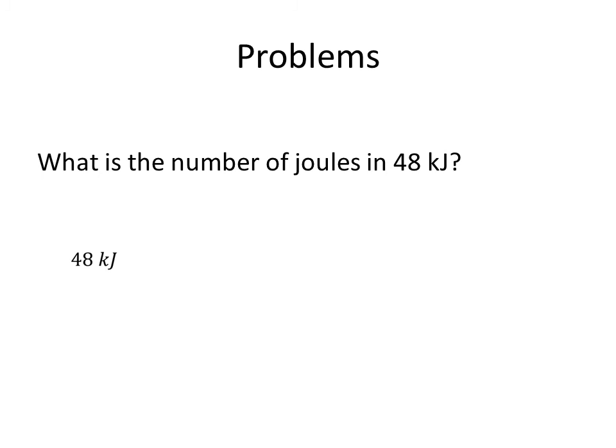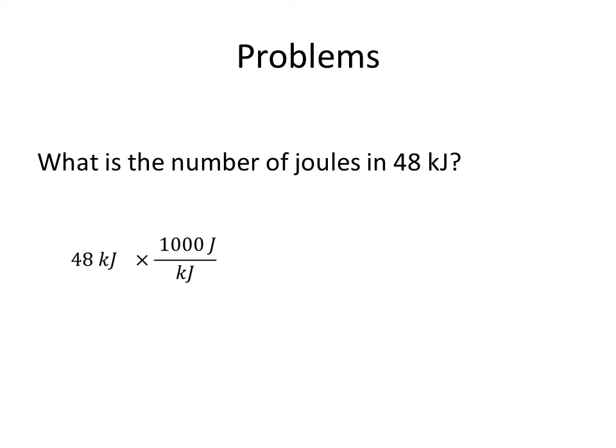The next problem is, what is the number of joules in 48 kilojoules? Again, I write down the number given to me in the problem. Next, I'm going to write down a fraction that is going to give me unit cancellation and the unit I want. I need to make that fraction equal to 1, so I put the 1,000 with the joules.